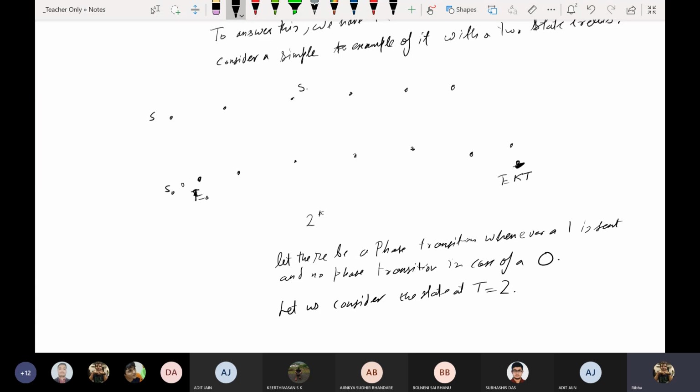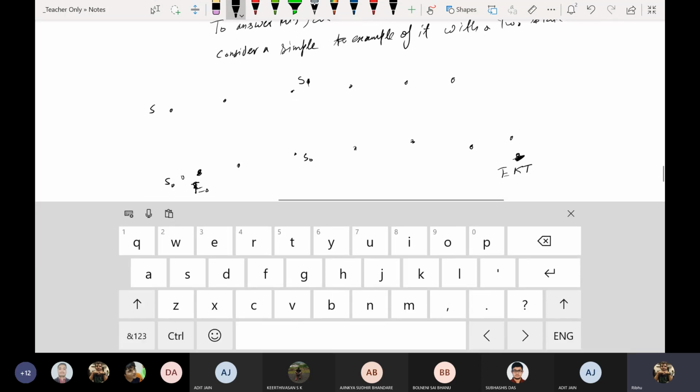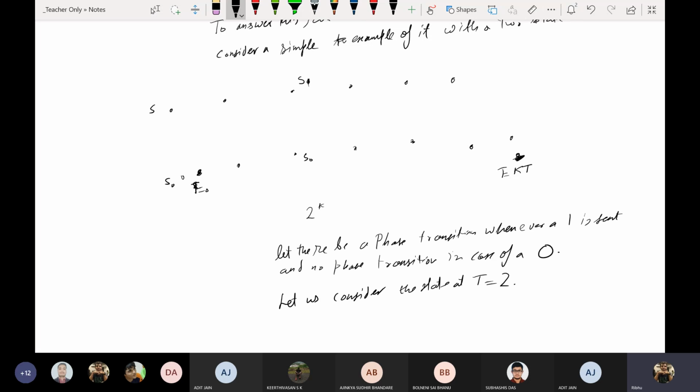So at t equals 2, you can reach S0 or S1. In how many ways can you reach S0?